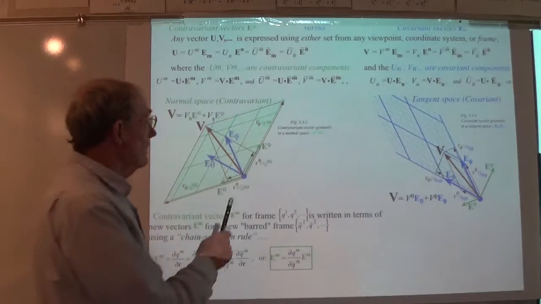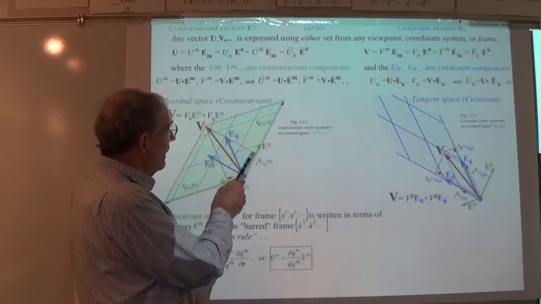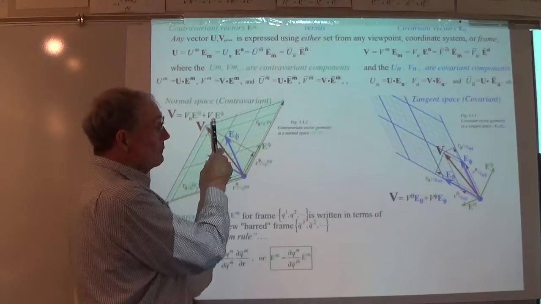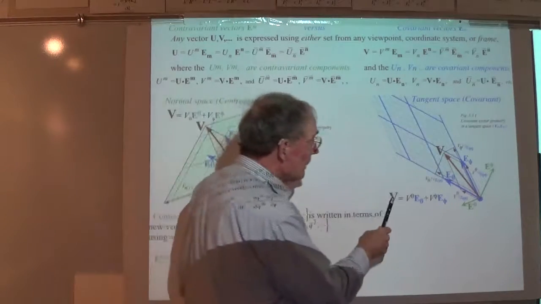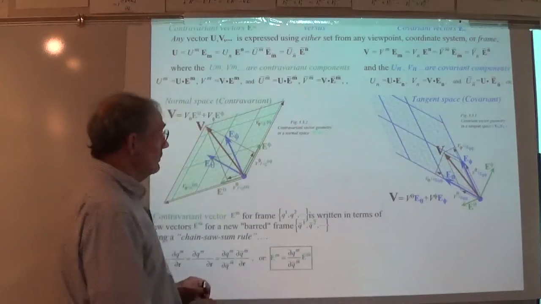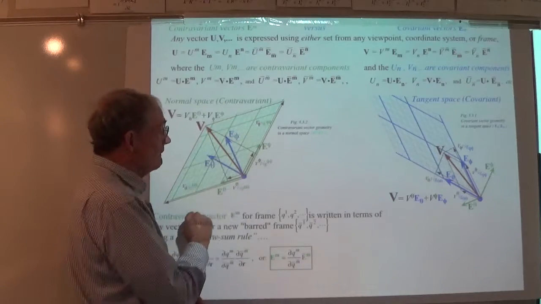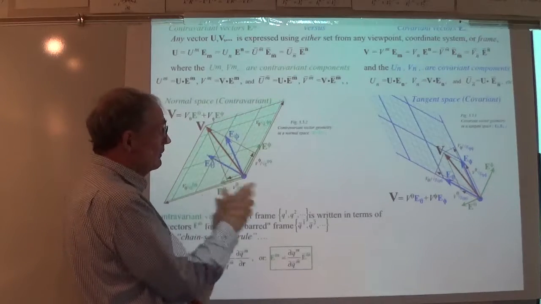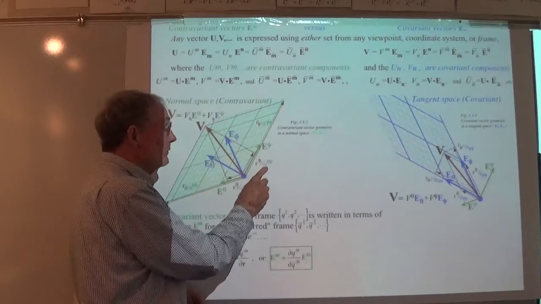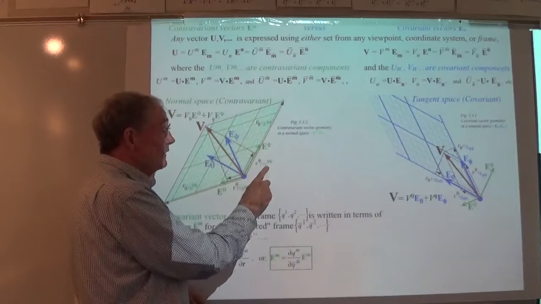Now, the actual lengths of vectors here, like if you do a projection of the vector that you're writing in contravariant coordinates and compare that to a vector that you're writing in covariant coordinates, it's very, very different, you see. This distance right here, that's what I'm going to be asking you on one of the problems to identify, in terms of the components of the vector and its metric.